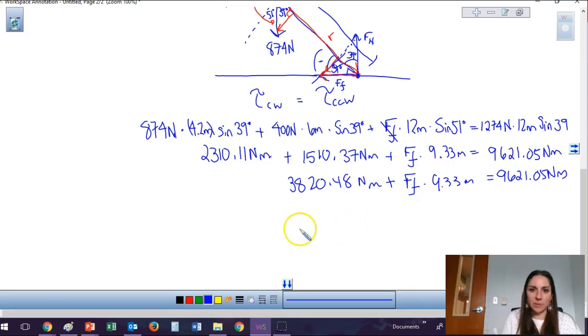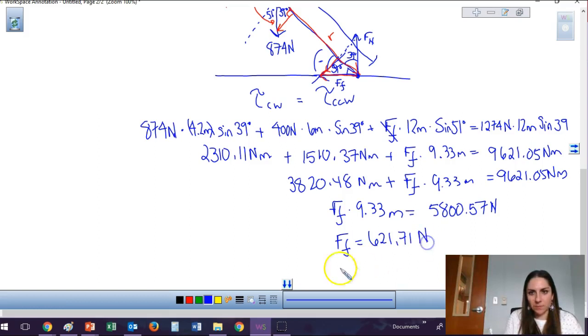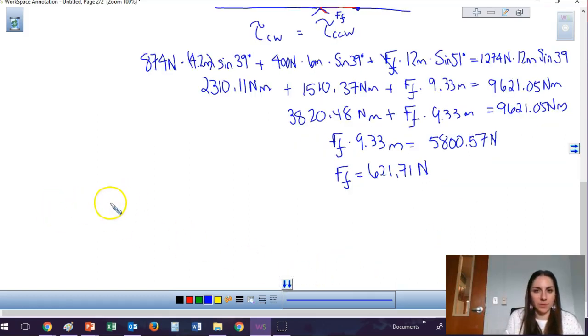So I subtract that on both sides, and then I get this. Then divide both sides by 9.33. I get a force of friction of 621.71 newtons. So that's the value of our friction.